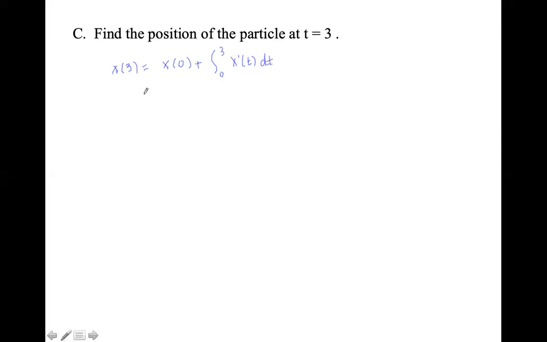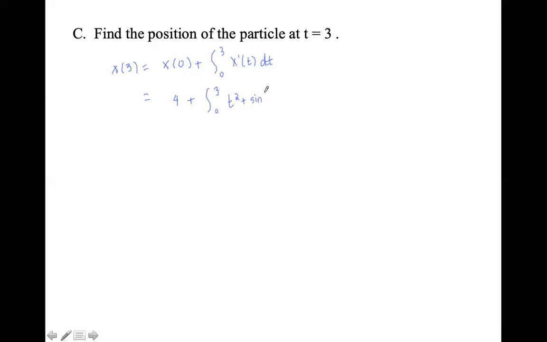If you remember, at the very beginning of the problem they told us our initial position of the particle at t equals 0 was (4, 7). So x of 0 is 4. And here I'm doing the integral from 0 to 3 of x prime of t dt, where x prime of t was given to us as t squared plus sine of t squared.